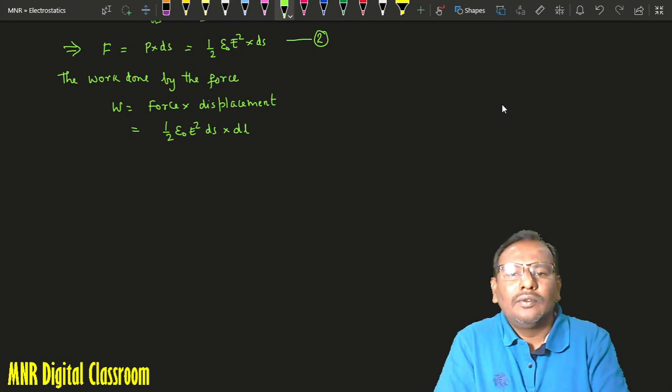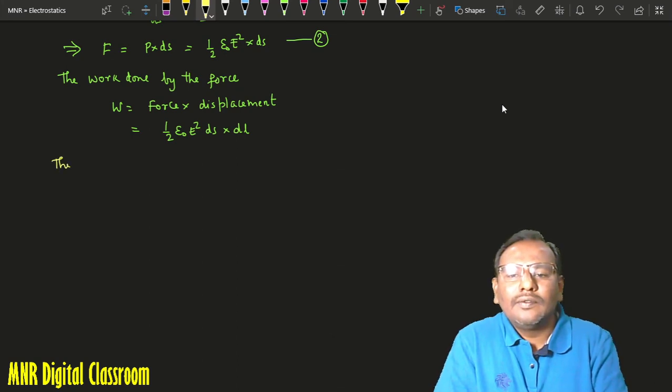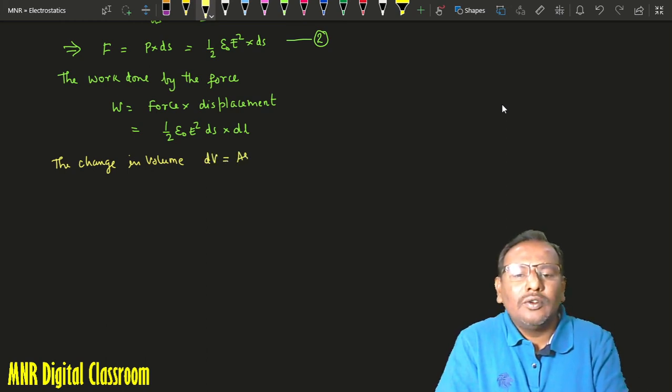Now, the change in volume due to this work done, let us take this change in volume is equal to dV. This is equal to area into displacement. dV is equal to area ds into displacement dl.